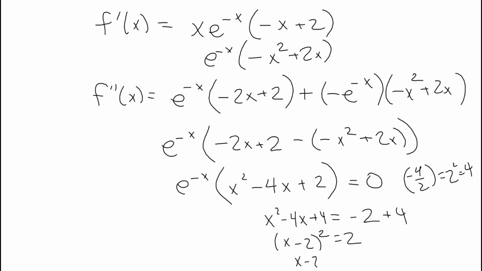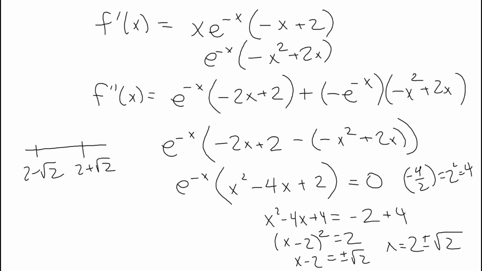We'll square root to get x minus 2 equals plus or minus root 2, or x is 2 plus or minus root 2. And so we've got 2 possible points of inflection. We'll make a sign chart with them. Here is 2 minus root 2, and here is 2 plus root 2. Something to the left of 2 minus root 2 would be 0.